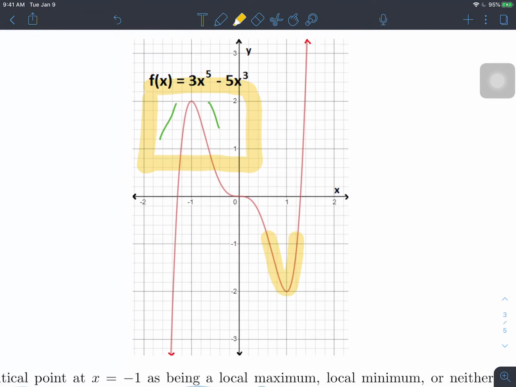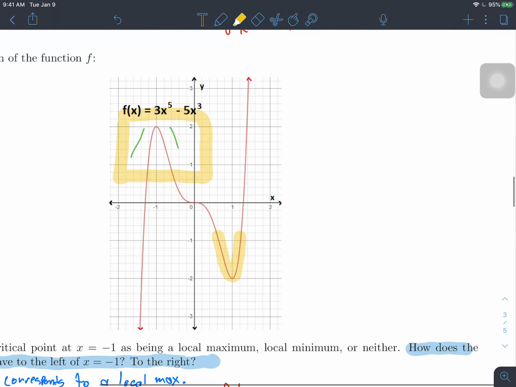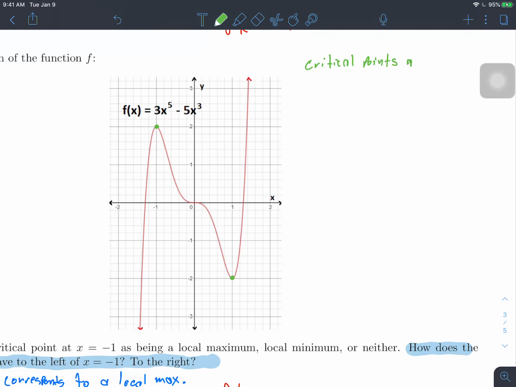All right. So let's make it rigorous. Our critical points are x equals -1, x equals 0, and x equals 1.